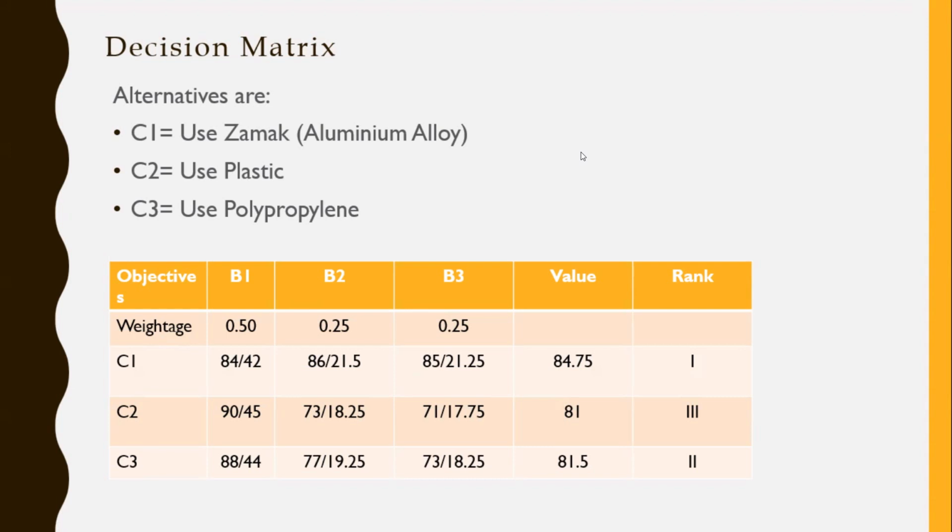For the 3 criteria, comparative scoring. Okay. And that gives 42 multiplied by 0.5, 84. 21.5.